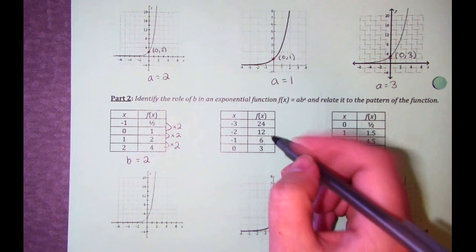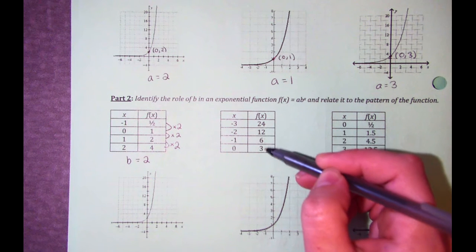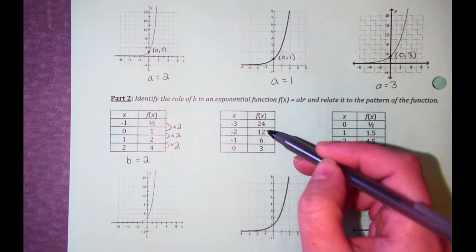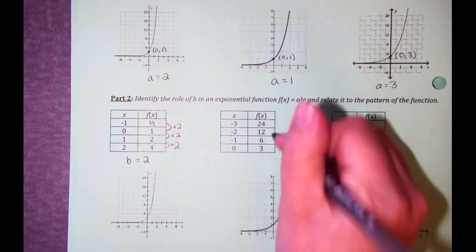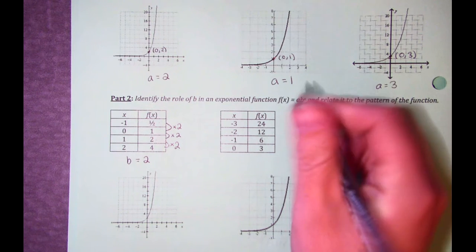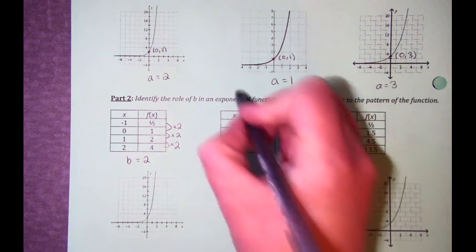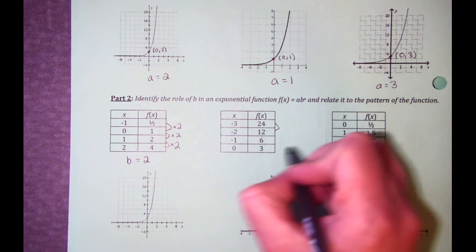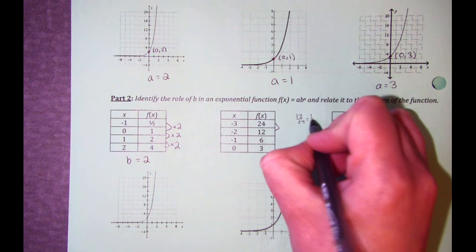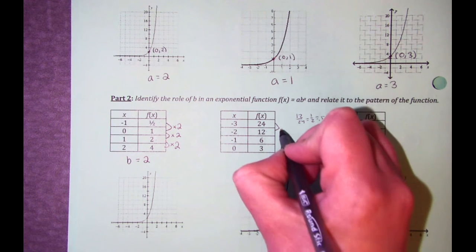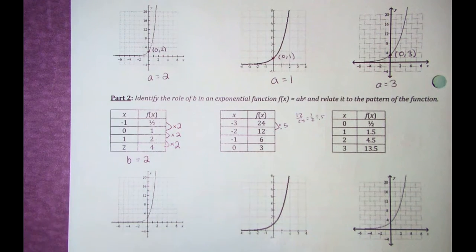Over here, same thing, you can either look at this and see, well, it looks like it's going down by half each time, so it's times a half, times a half, times a half. Or, if you're not sure about that, you can do the one below divided by the one above. So 12 divided by 24 is, if you think of this as 12 over 24, which reduces to 1/2, which is 0.5, I'm going to say there's a multiplier of 0.5 right there.